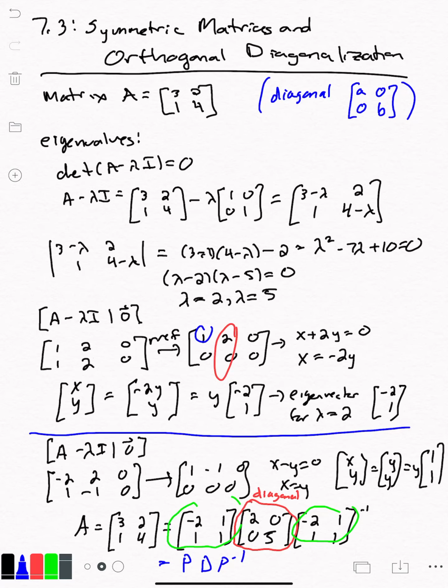So the whole point of diagonalizing a matrix is you find the eigenvalues and eigenvectors, and you write them out in this PDP inverse format, and that is the diagonalization of the matrix A. So again, A is still not diagonal, but the D part is, and this all together makes A. You're breaking A up into different matrices, the middle of which is diagonal. Let me show you one of the reasons why we do this.